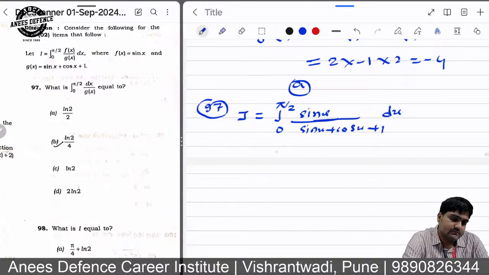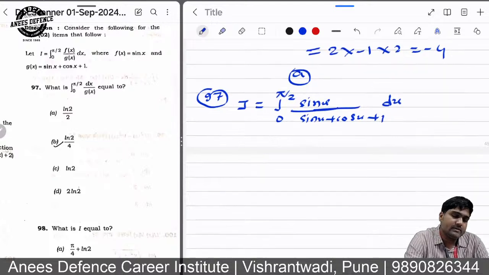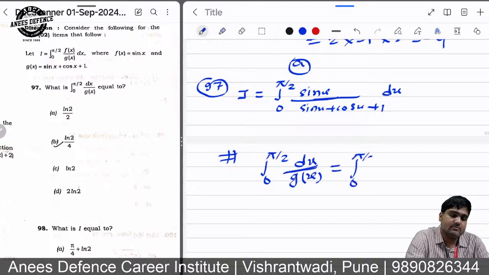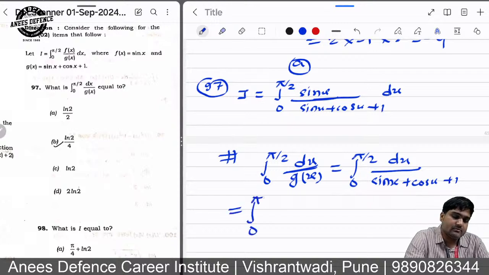Okay, so first we are going to calculate the integral of dx upon g of x. Here the value of g x is given as sin x plus cos x plus 1, from 0 to pi by 2. Now substitute the values of sin and cos in half angle.